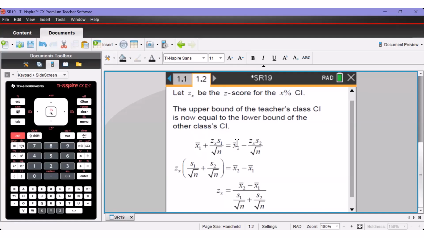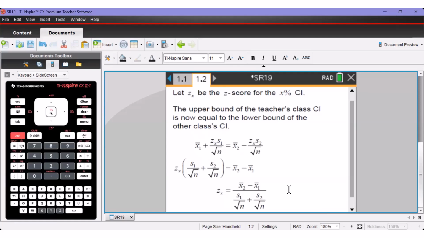Now, on Inspire, SE1 is S1 on root n, and SE2 is S2 on root n. So our goal is to rearrange that equation to make ZX the subject. What we've done there is added ZX S2 on root n to both sides and subtracted x1 bar from both sides to form line 2.